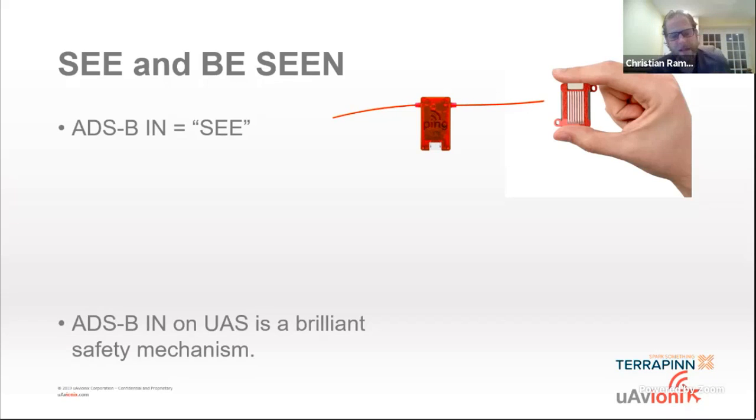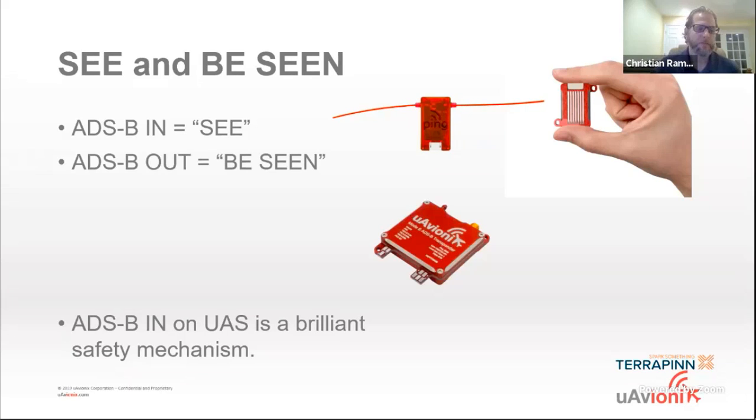ADS-B-in is a fantastic safety mechanism, as we'll talk about, for detect and avoid applications. There's another type of ADS-B called ADS-B out, and that means you can be seen. You are transmitting your position to other aircraft in the area. The combination of ADS-B in and ADS-B out allows you to see and be seen.